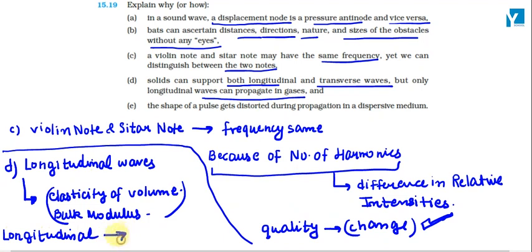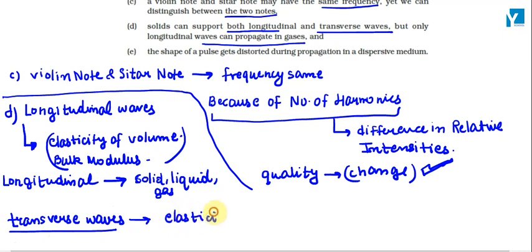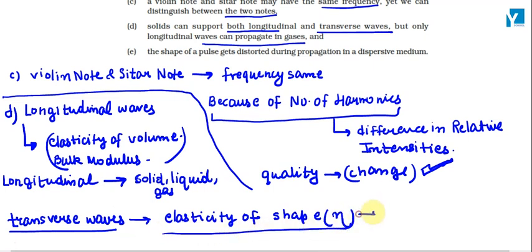Longitudinal waves can propagate in all media, that is solid, liquid as well as in gas. But for the propagation of transverse mechanical waves, the media should have elasticity of shape, eta, and this elasticity of shape is possessed only by the solids.